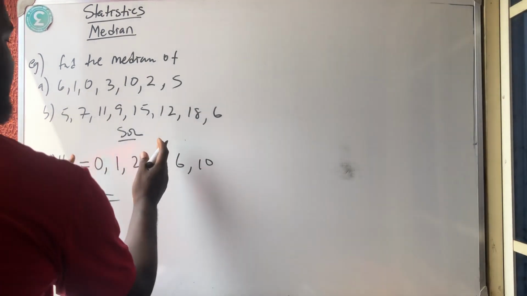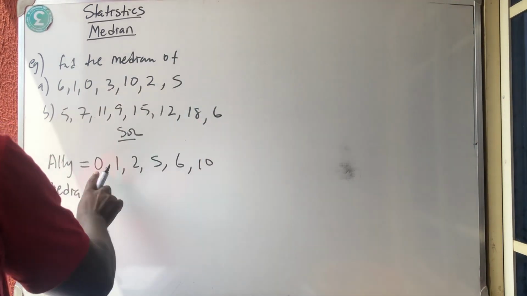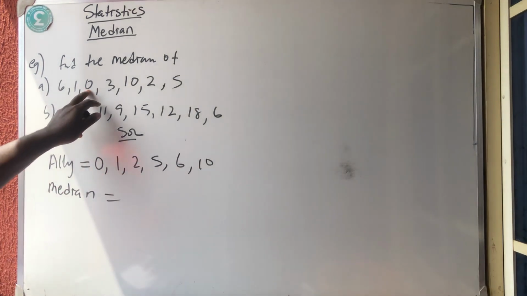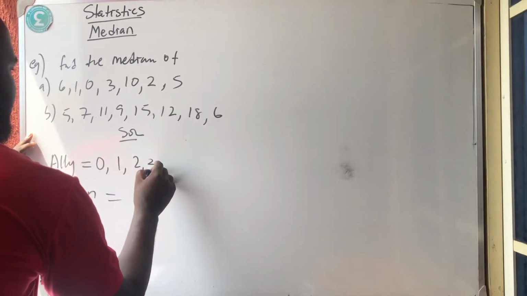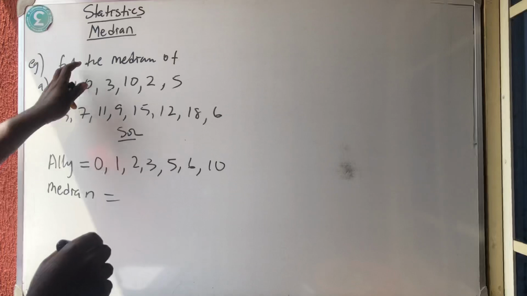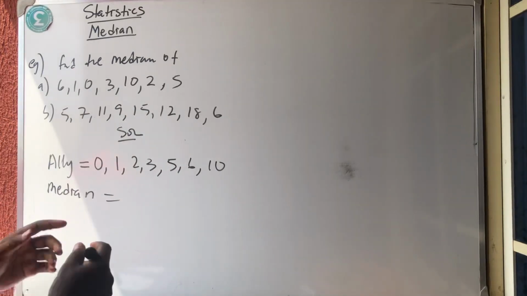How many do we have? 1, 2, 3, 4, 5, 6, 7. 1, 2, 3, 4, 5, 6. I did not complete it, I did not put 3. So: 0, 1, 2, 3, 5, 6 and 10. It's good that you count. After arranging, count and check that they correspond.